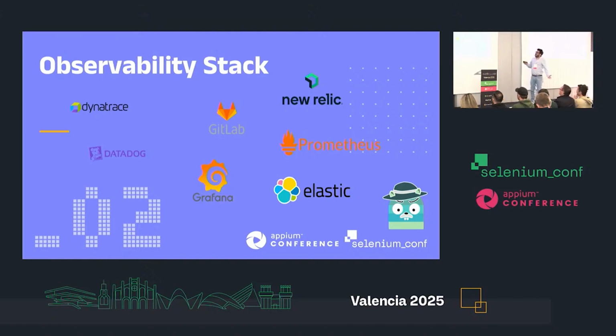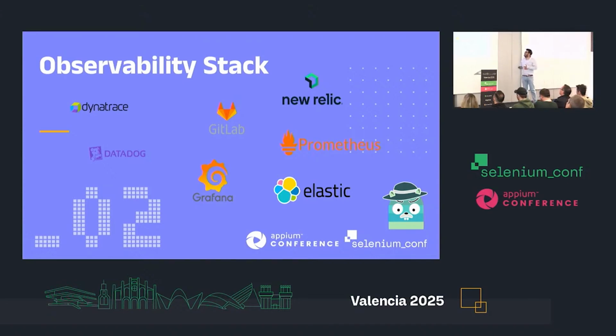Now, the observability stack, I'm pretty sure you have seen a lot of this, right? Has anyone used Dynatrace? Raise your hand. Oh, you used Dynatrace? Really? That's cool. Grafana, anyone? Nice. Datadog, there are a lot.